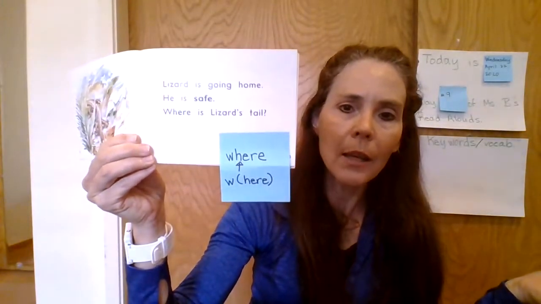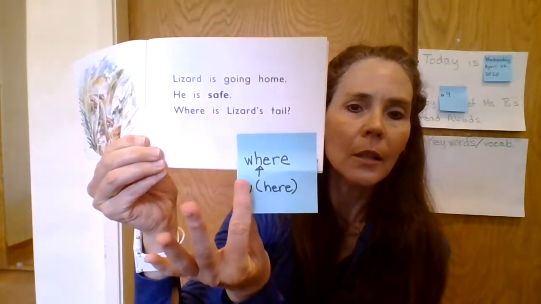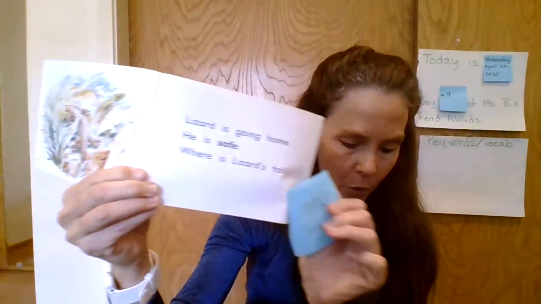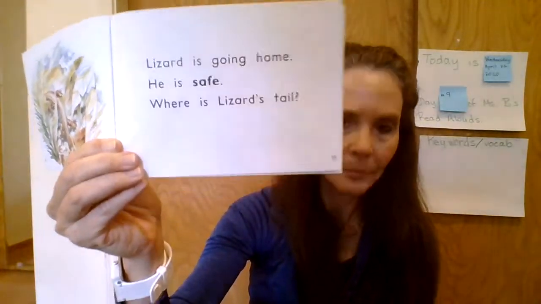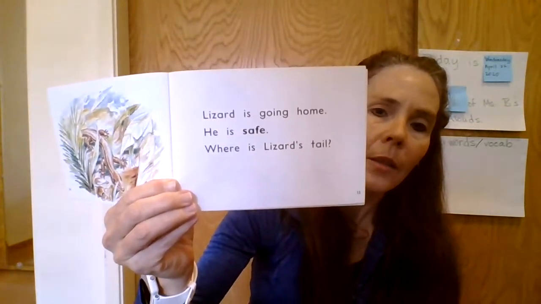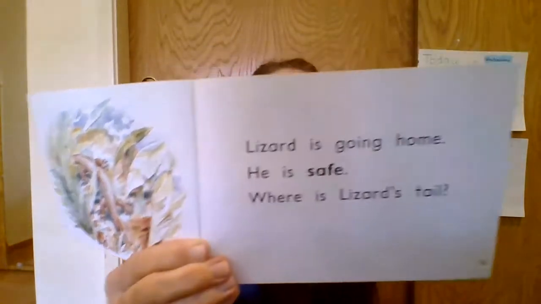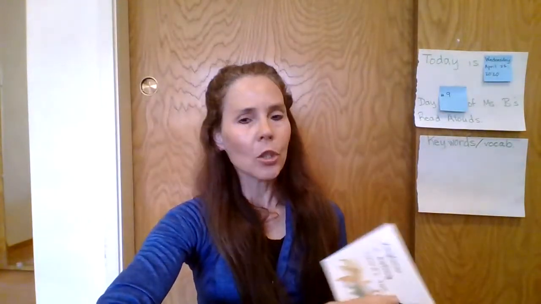Where is Kingfisher? Kingfisher is here. Maybe that little trick can help you understand that when you're writing the word where, you have to spell it W-H-E-R-E.